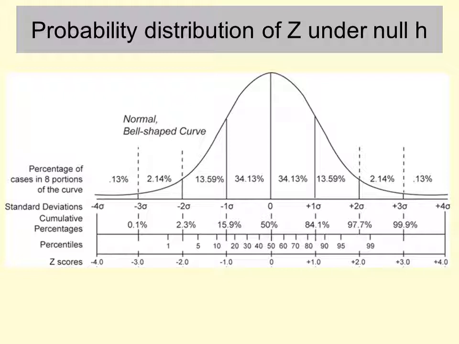If we consider a Z value of 1 first of all, here's Z of 0 in the middle, and for a Z value of 1 we know in advance that 34.13% of Z-stats will fall between 0 and 1, and likewise it's symmetrical, so 34.13% of Z-stats will fall between 0 and -1. So this is what we'd expect under the null hypothesis. We would expect this much variation.